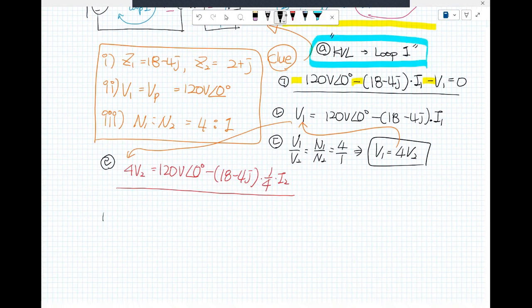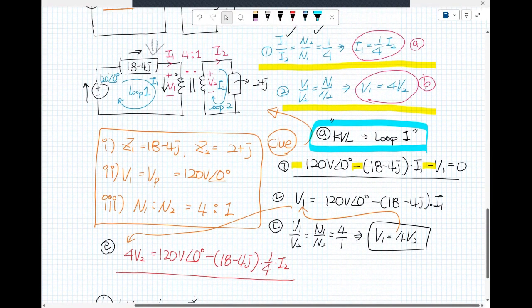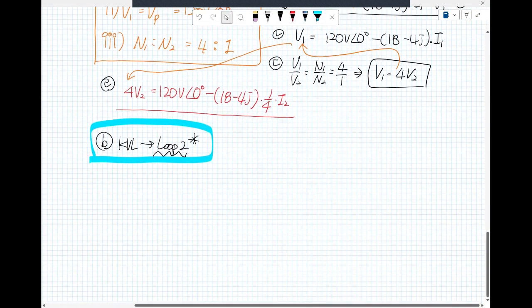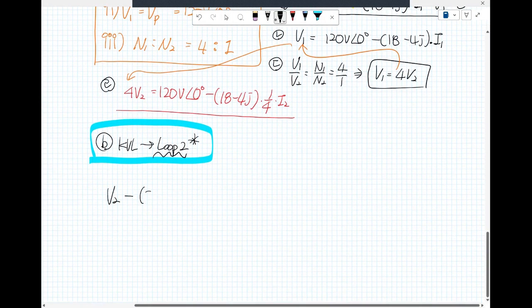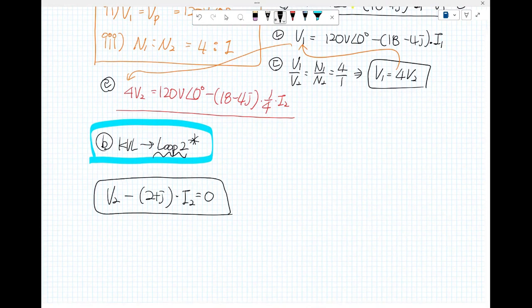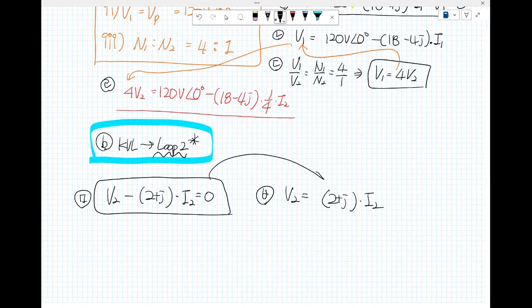For loop 2, V sub 2 minus 2 plus j times I sub 2 is equal to 0. And V sub 2 is 2 plus j times I sub 2, right there.